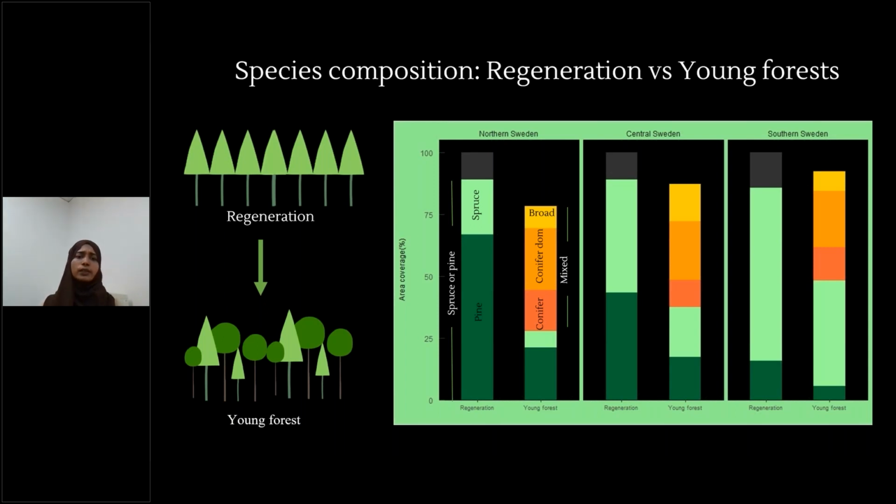And another point to mention is that sometimes there is a tradition that you plant Scotch pine in northern Sweden and Norway spruce in southern Sweden.